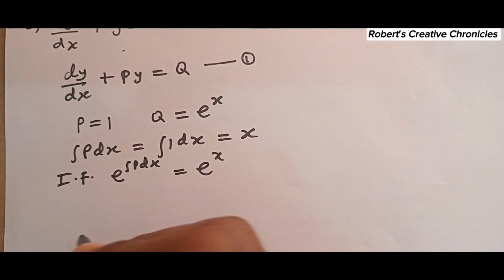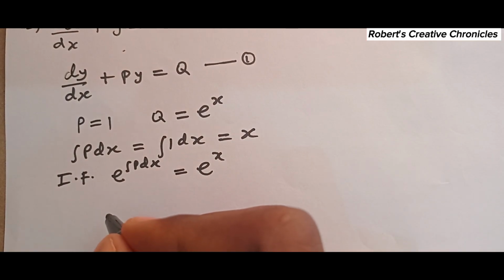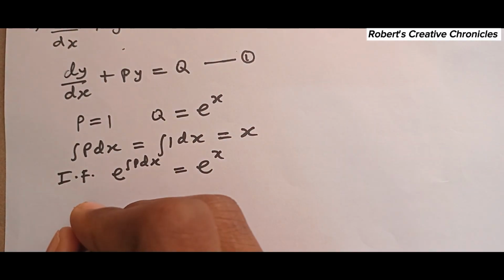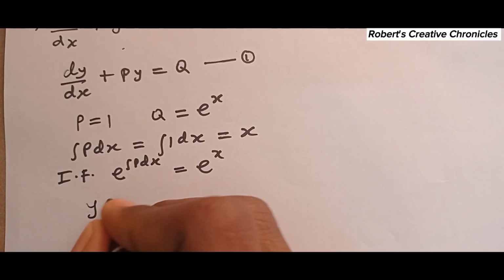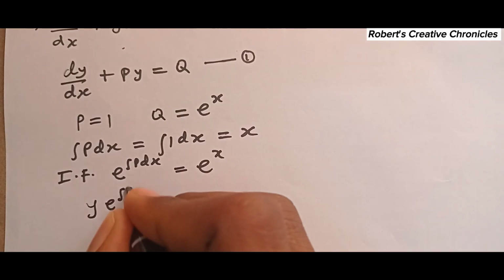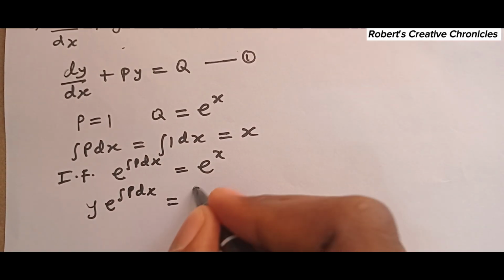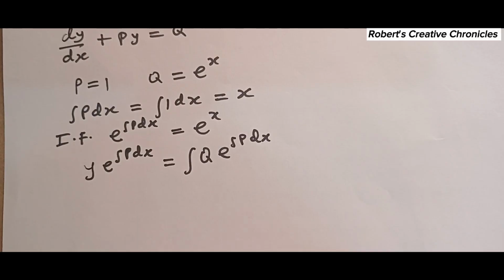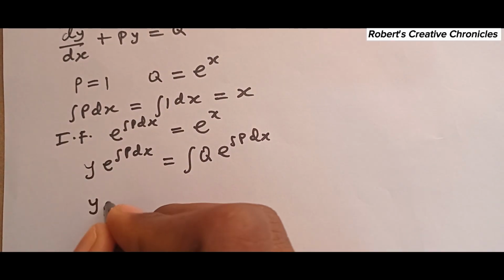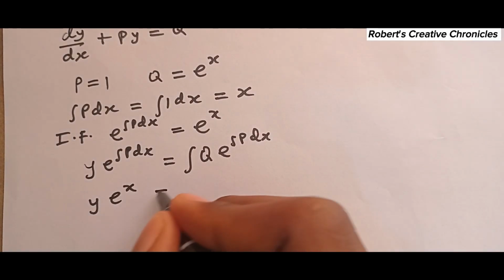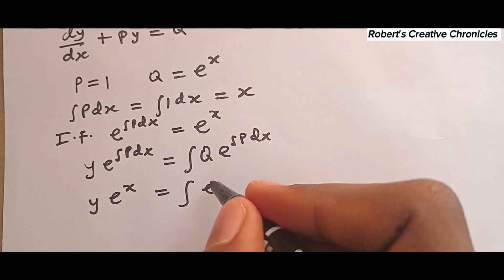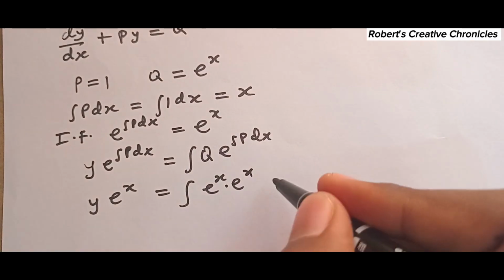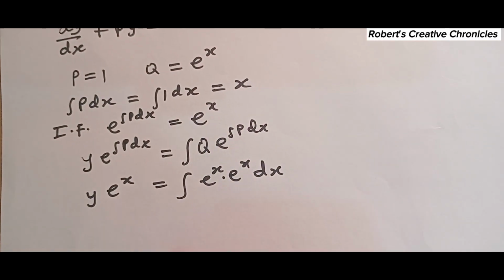Then we'll go straight to substitute this integrating factor and q into the equation: y times exponential of the integral of p dx equals the integral of q times exponential of the integral of p dx. So it becomes y exponential x equals the integral of exponential x, which is q, times exponential x dx.